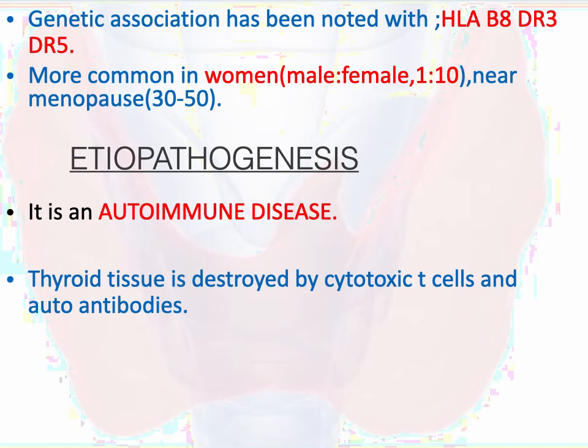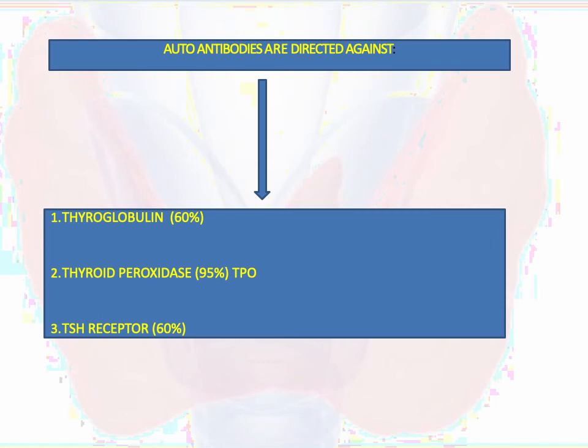It's an autoimmune disease. Just see, thyroglobulin 60%, thyroid peroxidase 95%, TPO, and TSH receptor 60%. So if you detect this TPO, it means that it may be Hashimoto's thyroiditis.